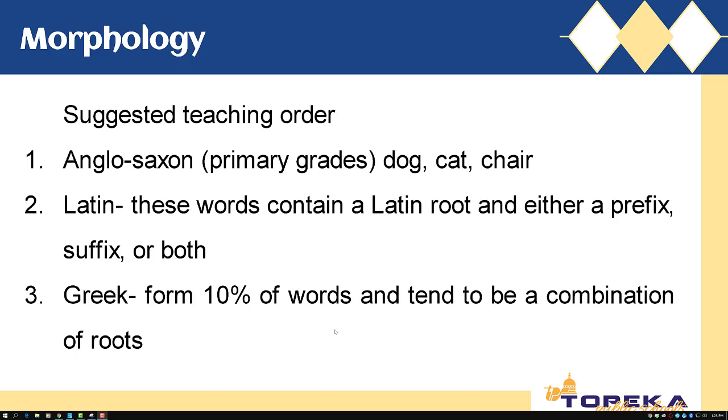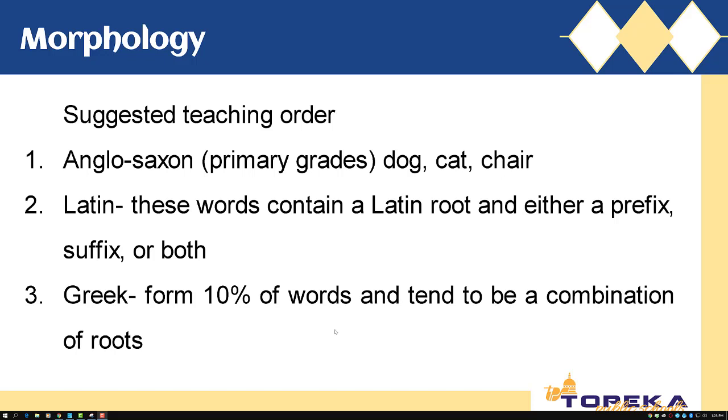Let's look at the word prescribe. Prescribe is made of the root scribe and the prefix pre. So it's how these word parts are joined together that form new words with new meanings. And finally, we have Greek words.